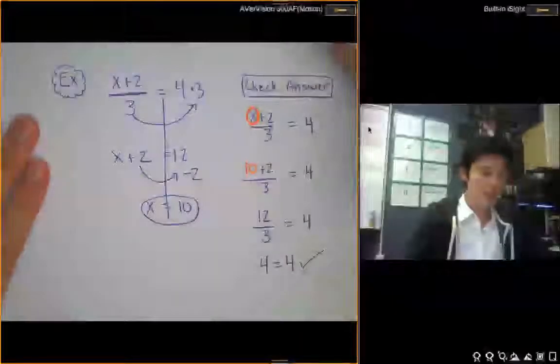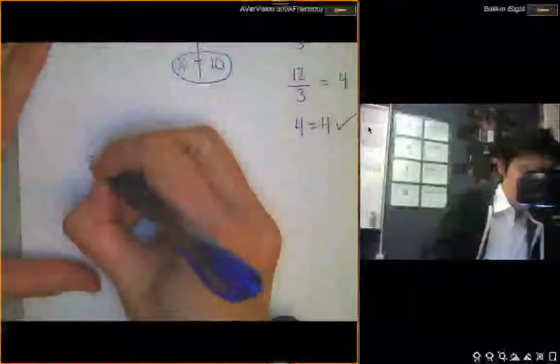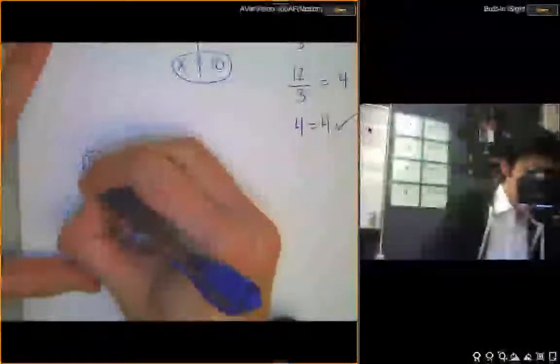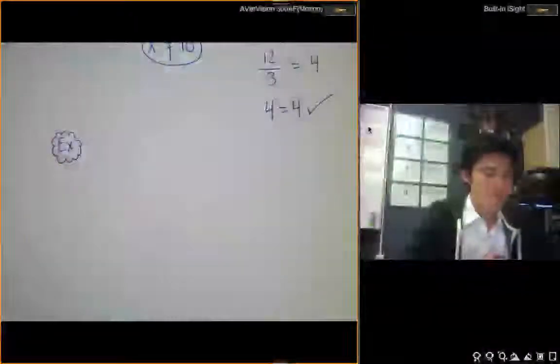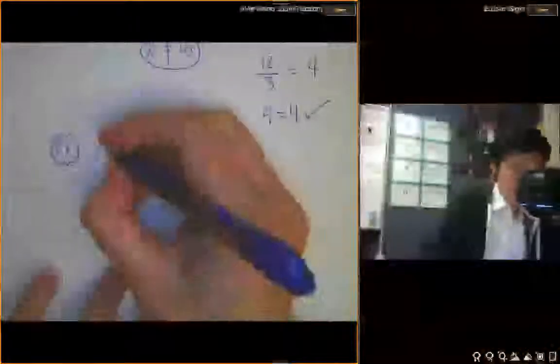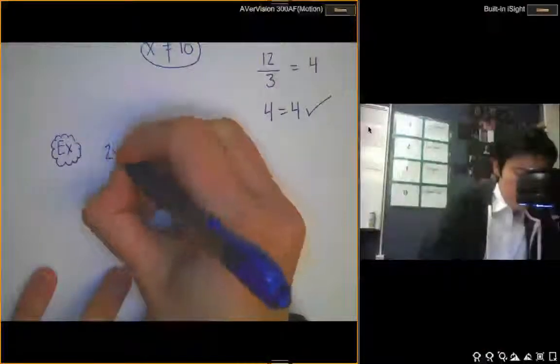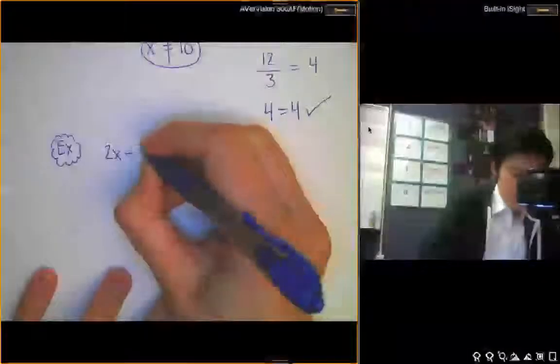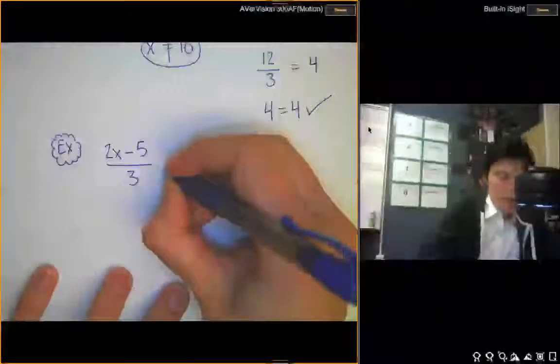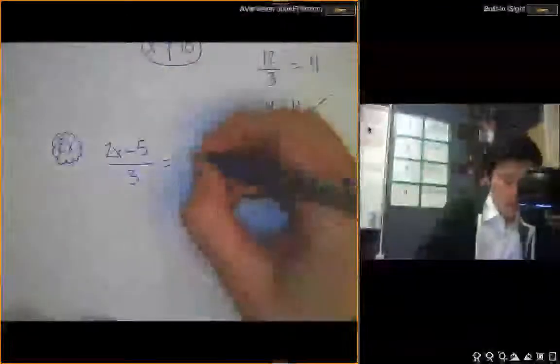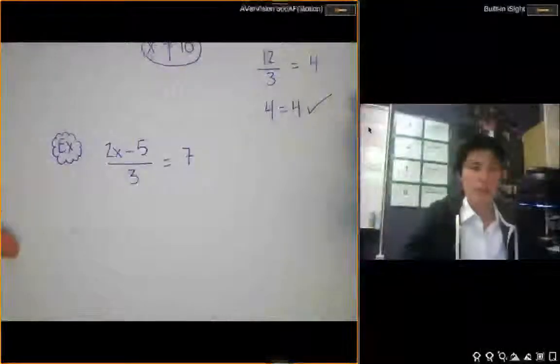So let's look at another one. Next example. Let's say we had this: 2x minus 5 over 3 equals 7.